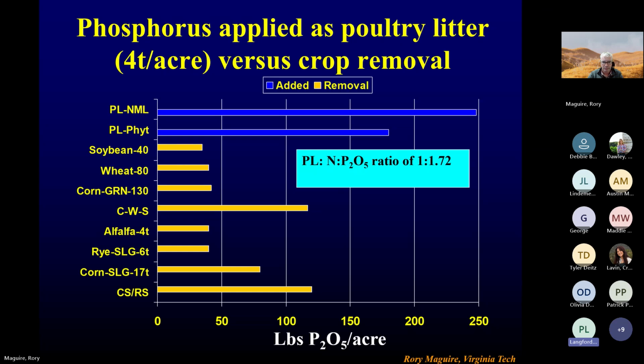The main idea here is that the corn has a higher nitrogen to phosphorus ratio versus the poultry litter, meaning it's not going to be taking up all of that phosphorus that's being applied as poultry litter, causing an imbalance between your nitrogen and phosphorus in your soil, and ultimately leading to nutrient pollution. So it's important to test your soil here to make sure you're not experiencing that imbalance.